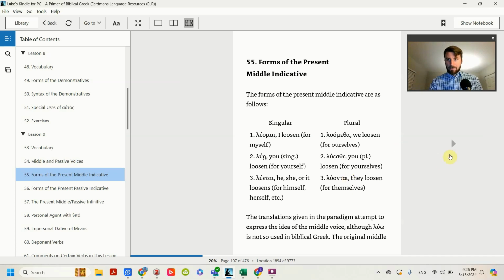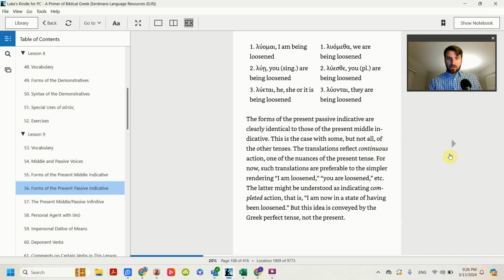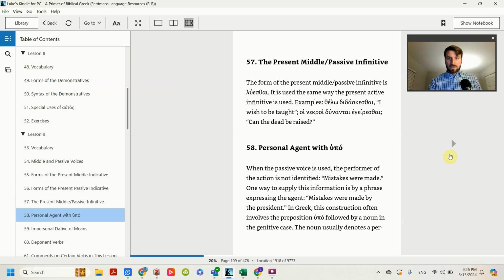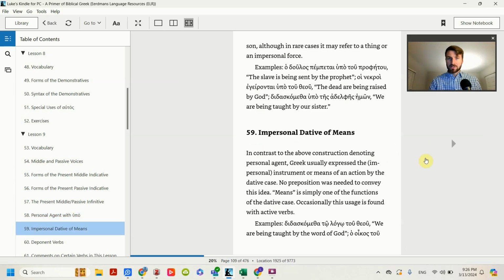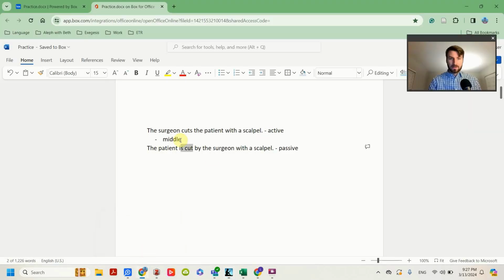Get them down. The other thing that Croy talks about in here is this idea of a personal agent with the passive and an impersonal dative of means. So going back to our example here, our passive one: the patient is cut by the surgeon with a scalpel.